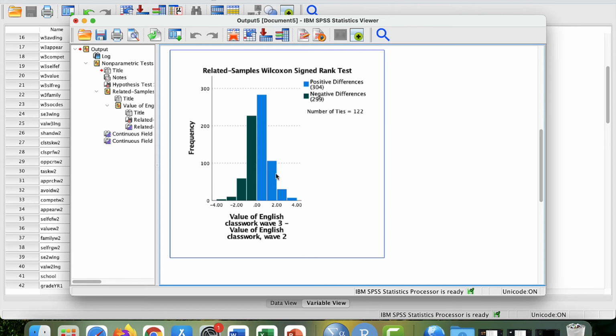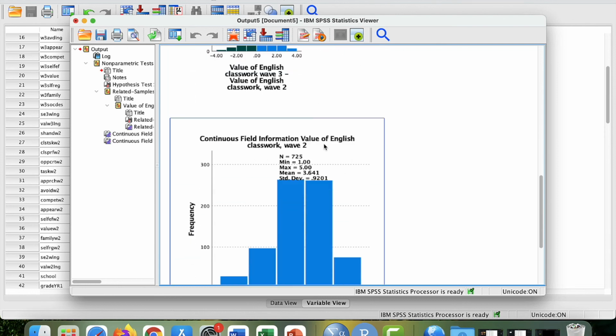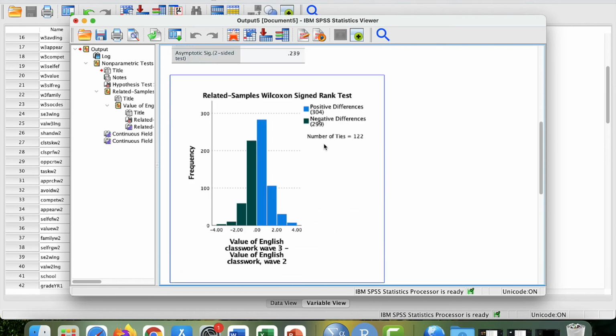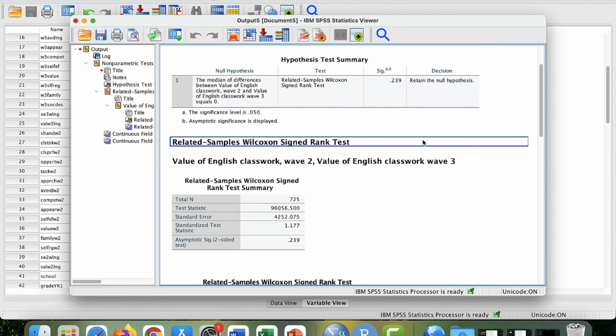So most of the changes in rankings were quite small, and there were about the same number of positive changes as there were negative changes. All of that adds up to a non-significant test statistic, which is what we found here.